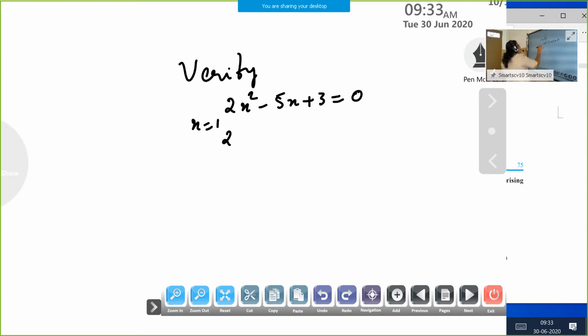Put x = 1: 2 into 1 minus 5 into 1 plus 3 is equal to 0. That is 0 = 0.